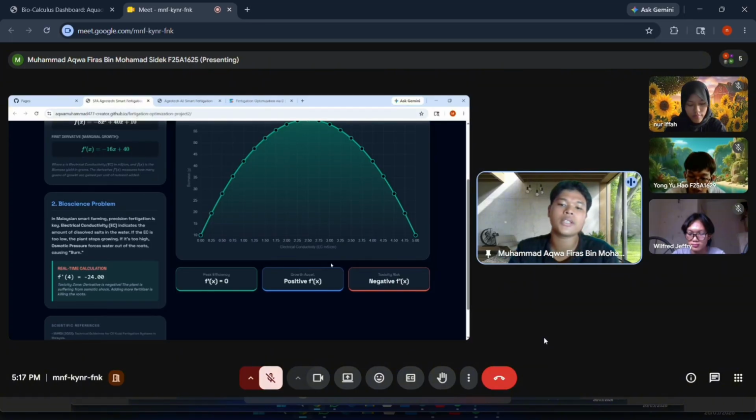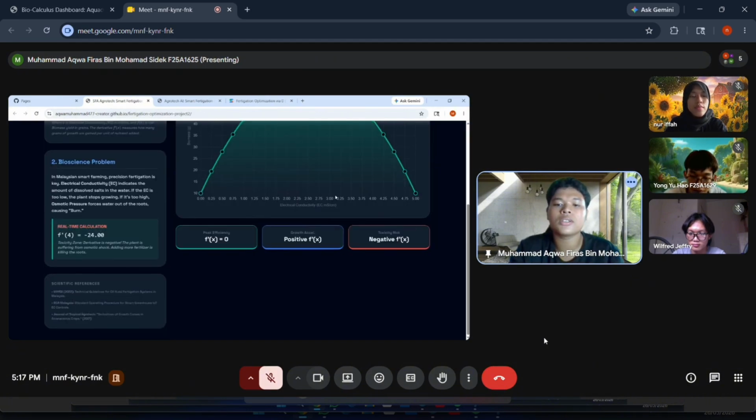Okay, to make this HTML application even better and more industry ready, I recommend integrating a real-time IoT API. Currently, the data is modeled based on fixed MARDI standards. By connecting this web app to a live Node-RED or Firebase server, linked to an actual EC sensor in the greenhouse, the graph could update automatically based on live environmental data.